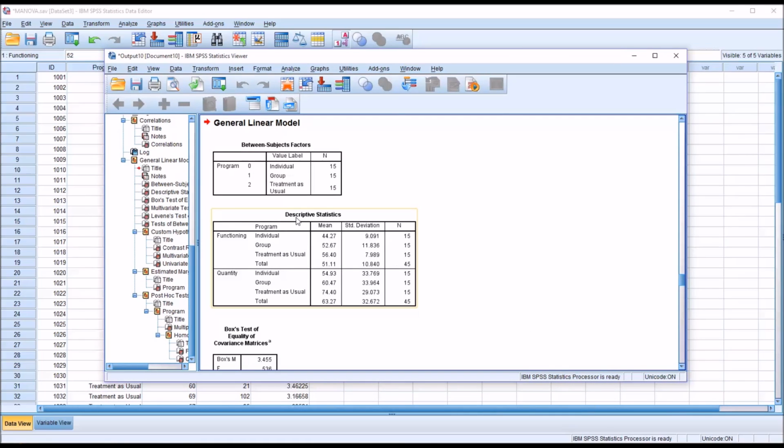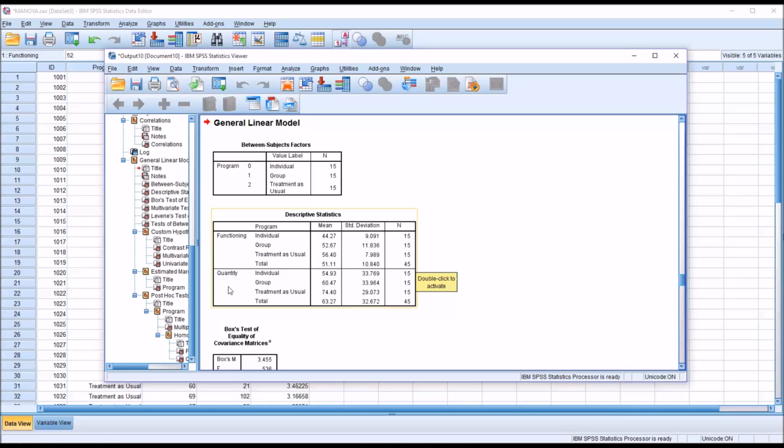And you can see here are three levels of the independent variable: individual, group, and treatment as usual. And as I mentioned, the sample sizes are the same for each group. They're equal, 15. And then taking a look at the descriptive statistics, you can see that for functioning, it does appear that the mean is a bit lower here for individual, and it's higher for group, and then even higher for treatment as usual.